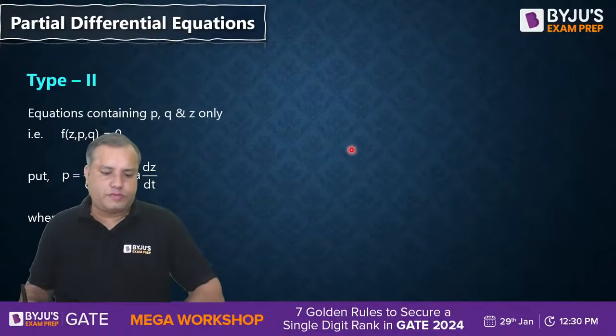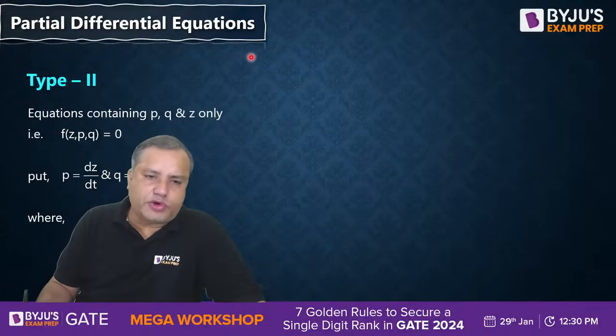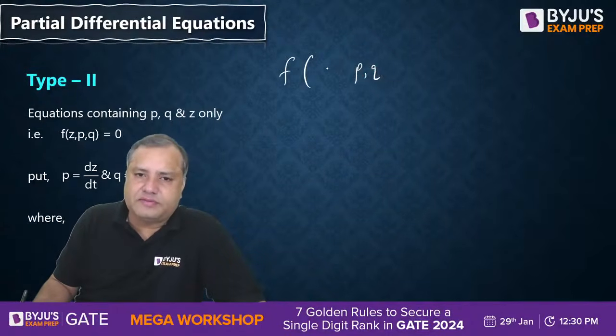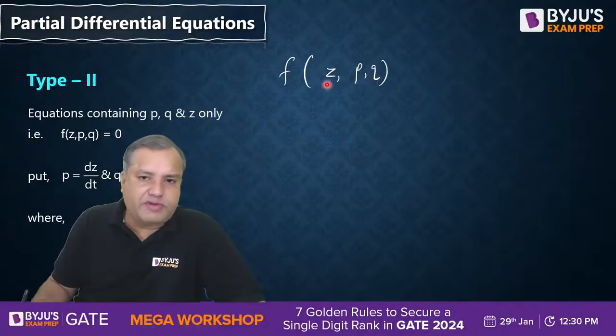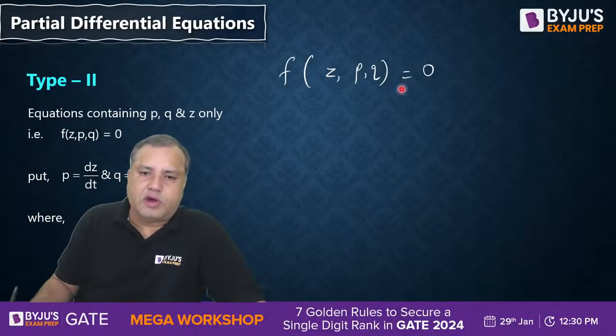Now type 2. In type 2, one more parameter is introduced. P and Q were already there, and we introduced Z also. Now, what you have to do in this equation?